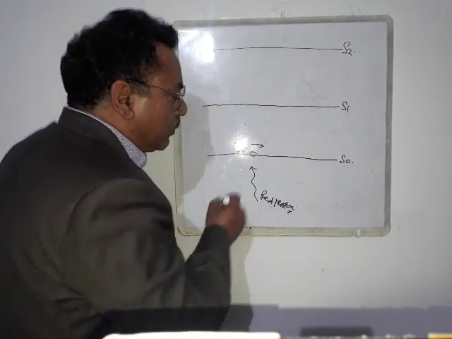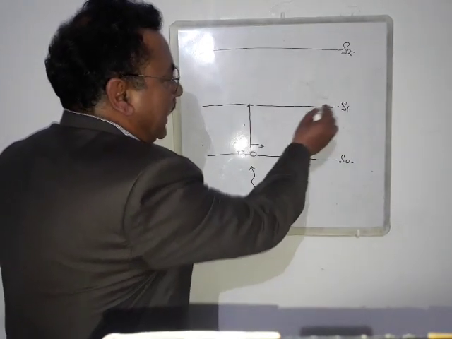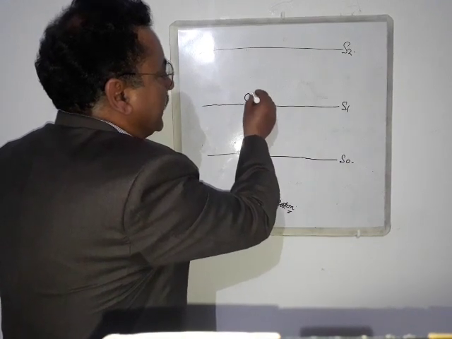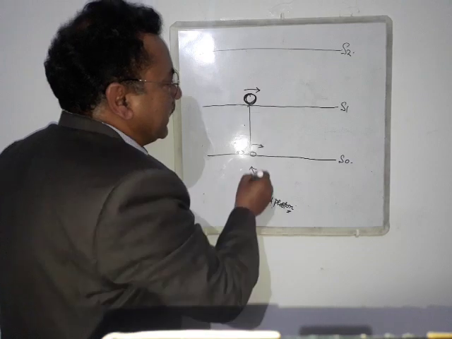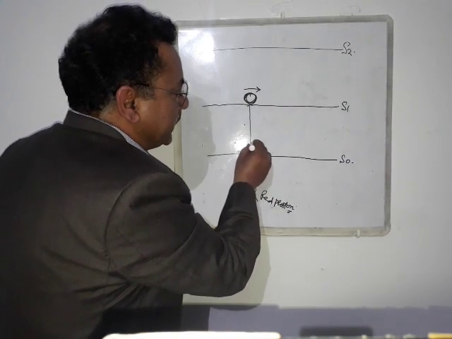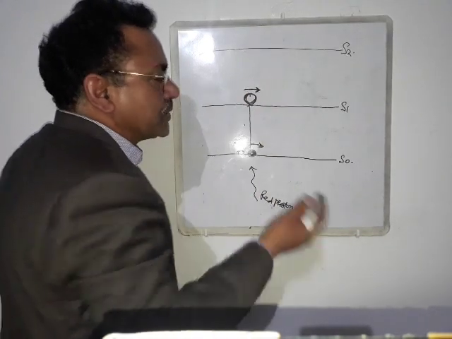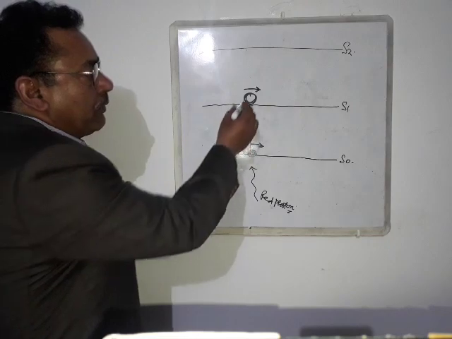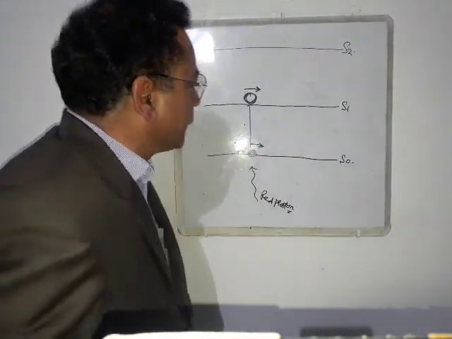So the red photon is absorbed and it will excite the electron to S1. The electron will be excited, but the spin will remain the same. If it had a clockwise spin, the spin will remain the same, with no change. However, the electron is excited to S1, the first excited singlet state.